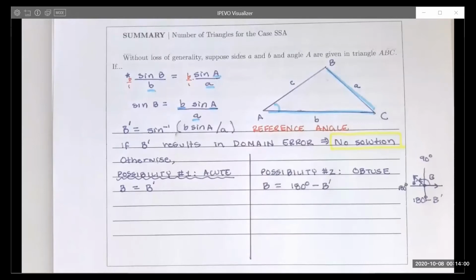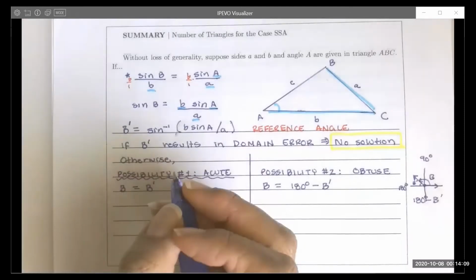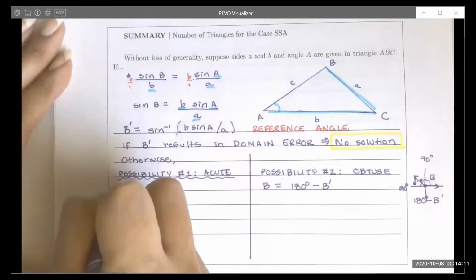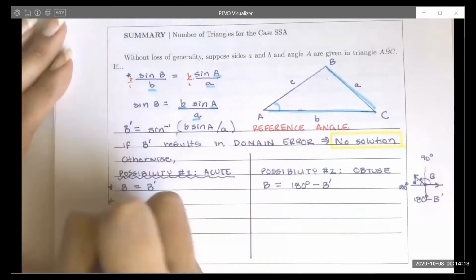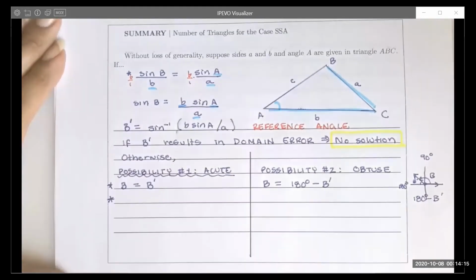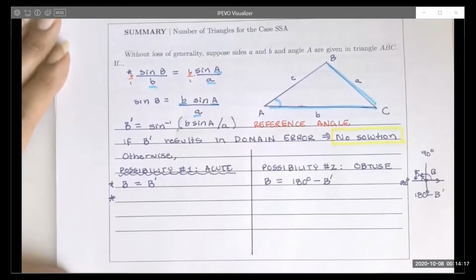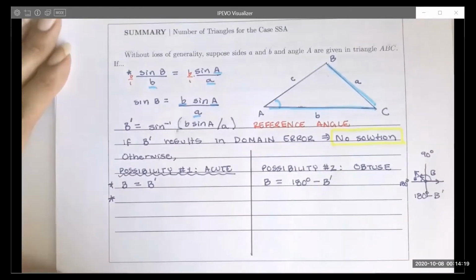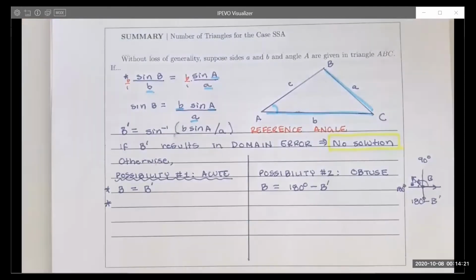Okay, and then based on that, let's just focus on the acute possibility for a little bit. So for the acute possibility, we could then try to find the remaining missing angle, because at this point we would know B, and actually let me color code that in so that we know where we stand.